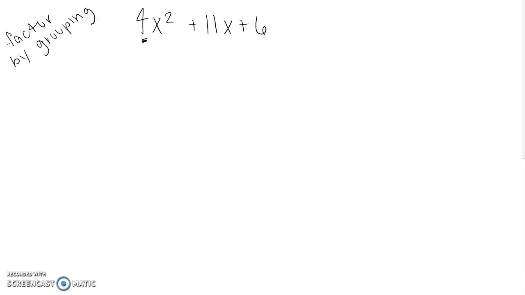Okay, so when you're going to factor by grouping, the first thing you need to do, and again, this is going to be scrap work, is do a times c. So what we cannot do is what times what multiplies to 6 and adds to 11. Why can't we do that? Because of this stinking 4.